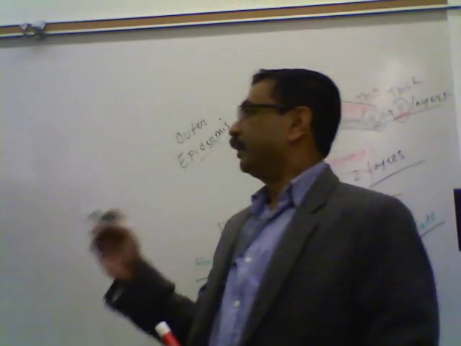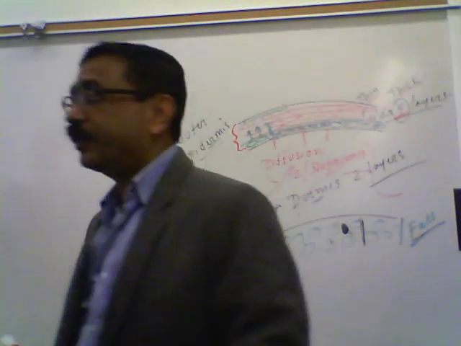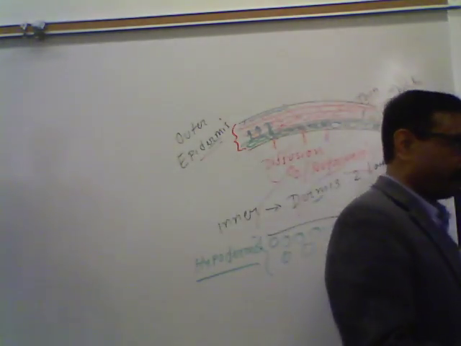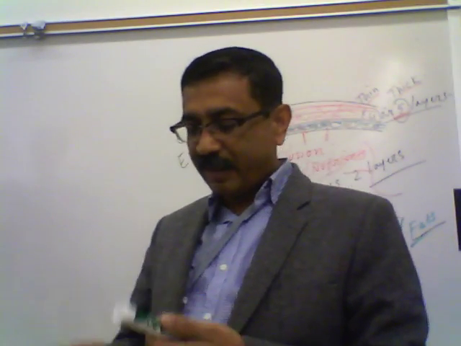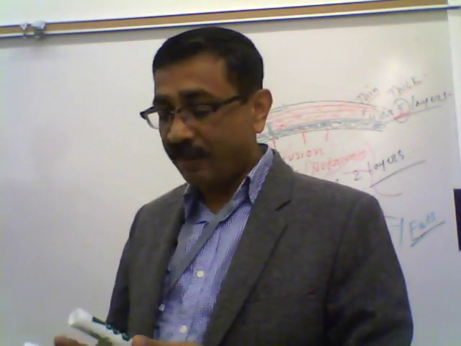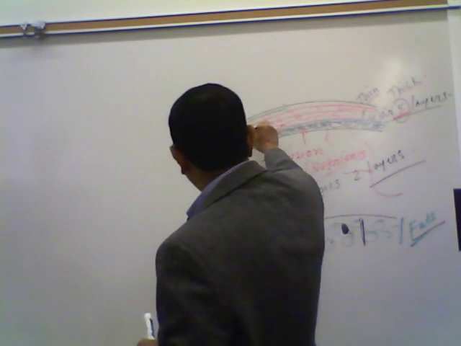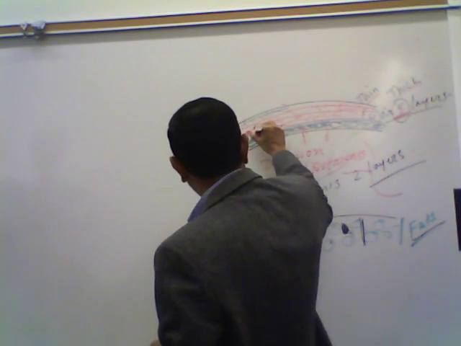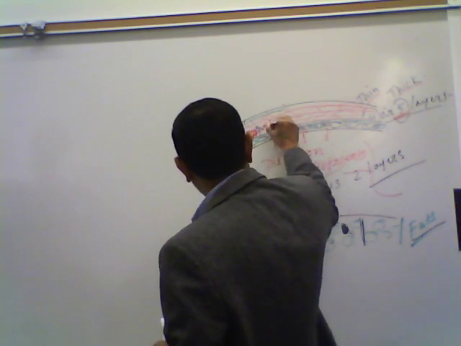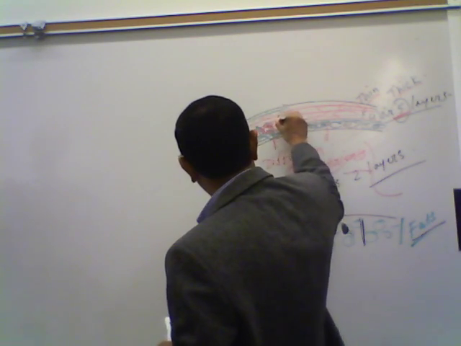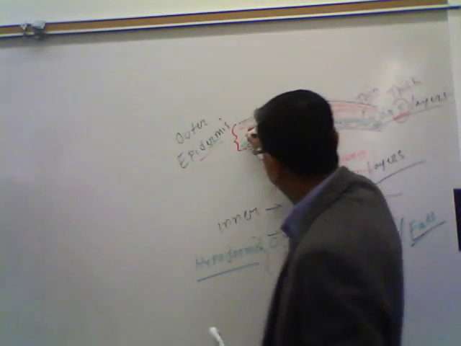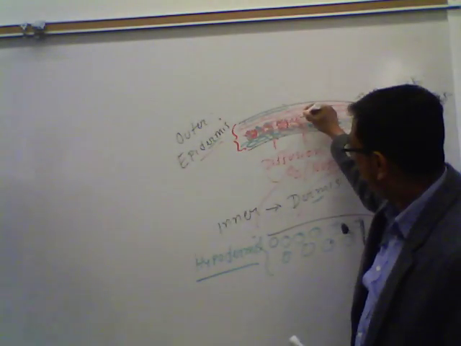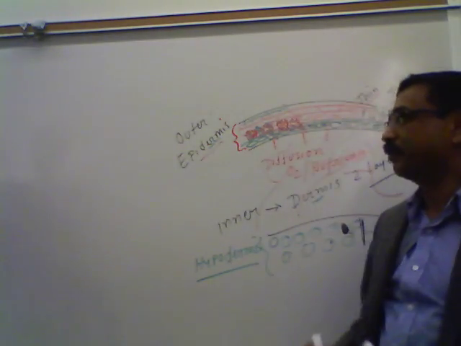Okay. Then next layer is stratum spinosum, which is also called prickly layer. Why is this layer called spinosum? Because the cells have many spine-like processes. That's why this is called spinosum, many spiky processes.